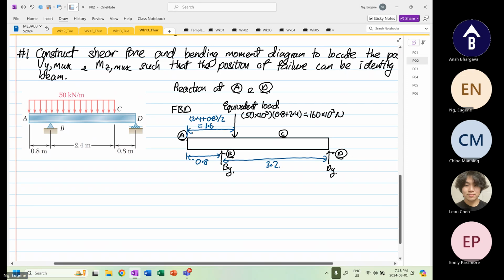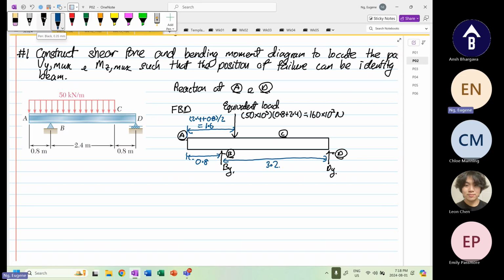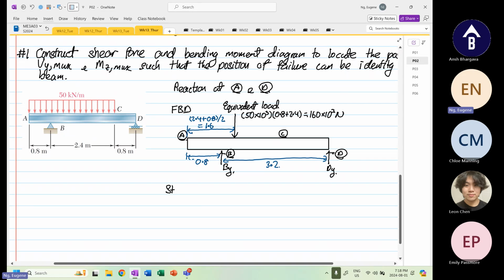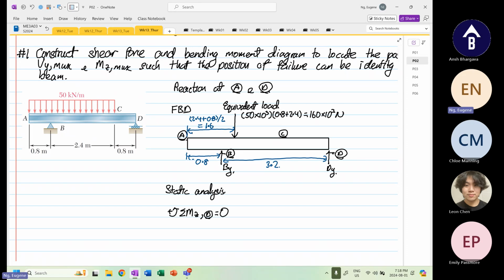Okay. So from here, we know our values. We are going to apply a static analysis. So we're going to take our moment at point D. Okay, so this means that anything that's anti-clockwise is positive, anything that's clockwise is negative.